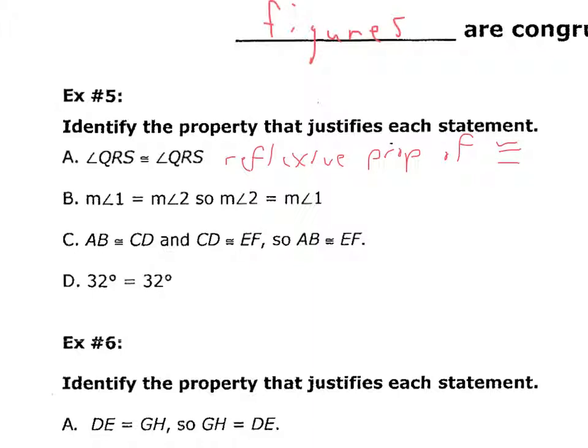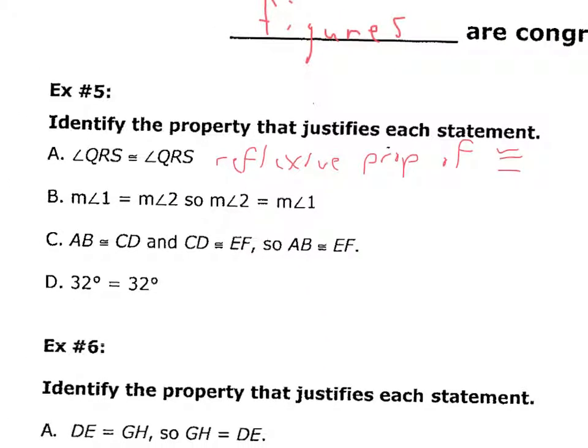Okay, letter B, it says measure angle 1 equals measure angle 2. So measure angle 2 equals measure angle 1. Whenever you have that situation, it's always going to be called the symmetric property of equality.